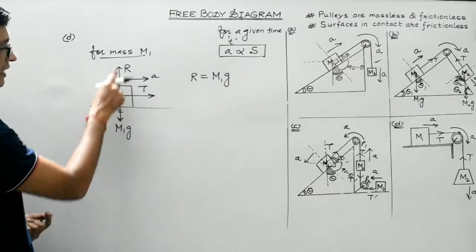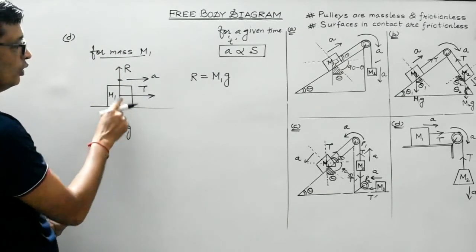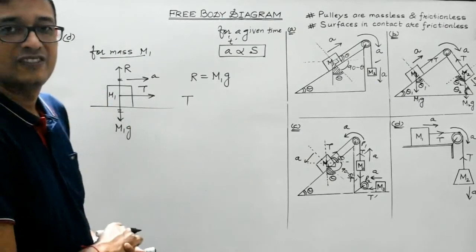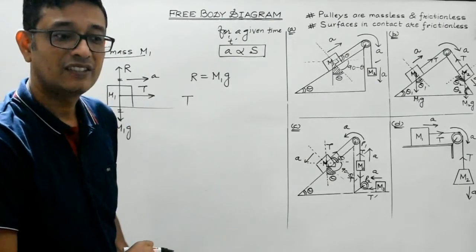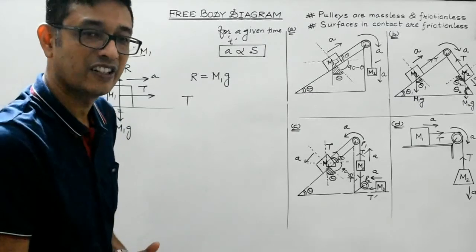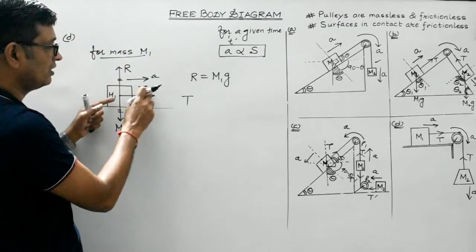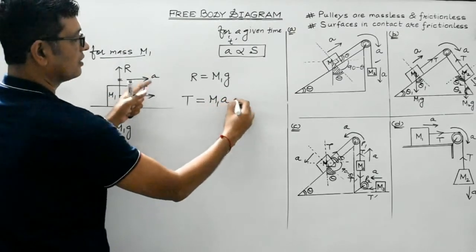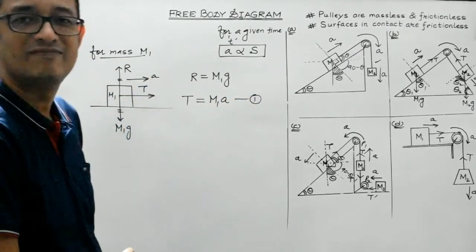So these two forces get cancelled out, being balanced forces. So what is the net force acting on this body? It is only tension. And Newton's second law, students, net force is equal to mass into acceleration. So net force acting on this body is only T, and it is equal to mass into acceleration. So this is equation number 1.